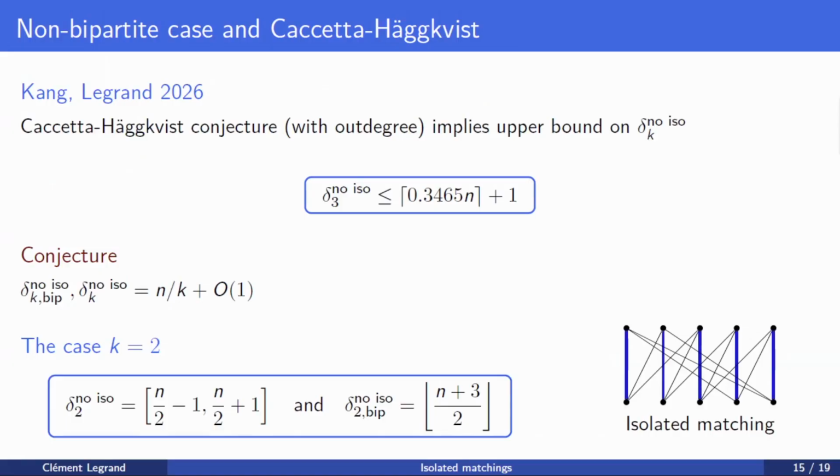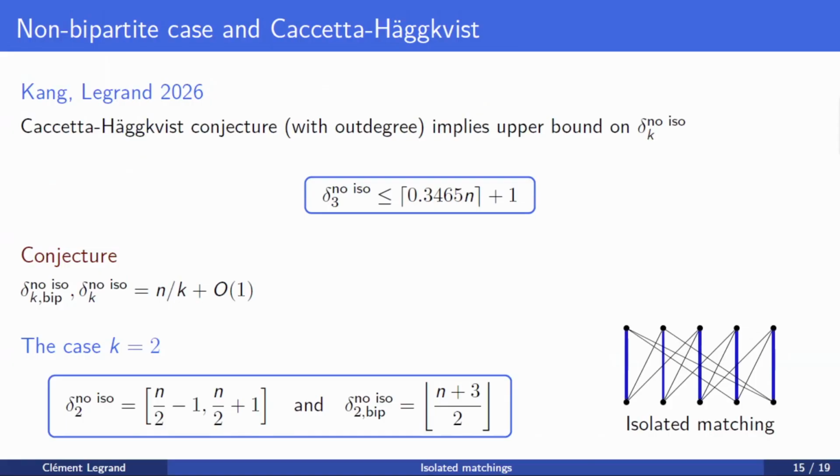But you can also build the graphs by hand. They're not very complicated, and you get the same thing. And to prove the upper bound, you can also do a pigeonhole-like proof, and everything works fine. So for k equal to 2, you don't really have to use this correspondence. You can do everything by hand, and you get those nice bounds.